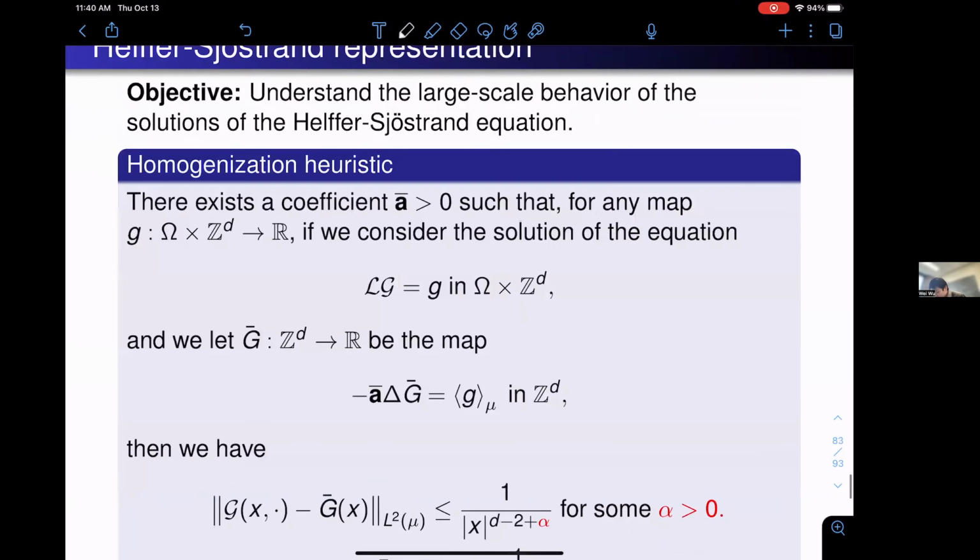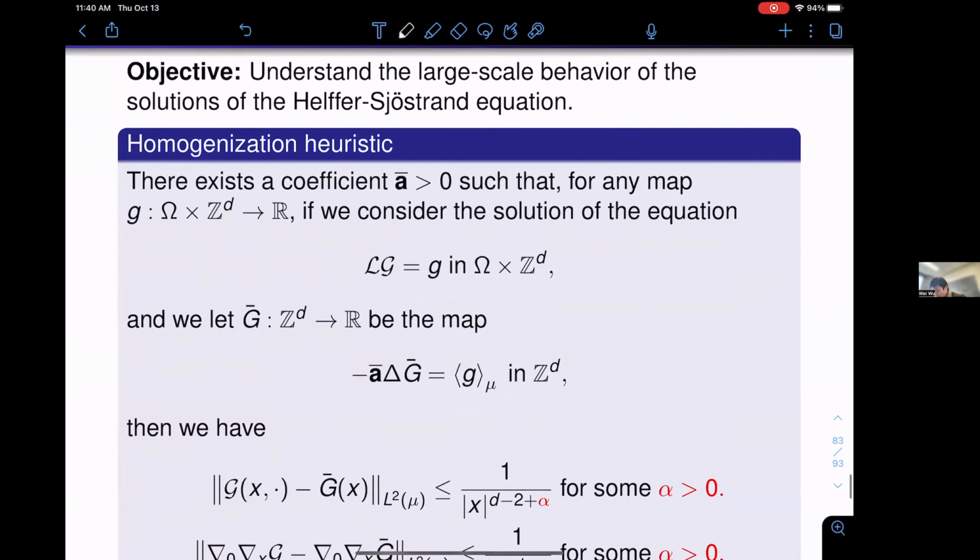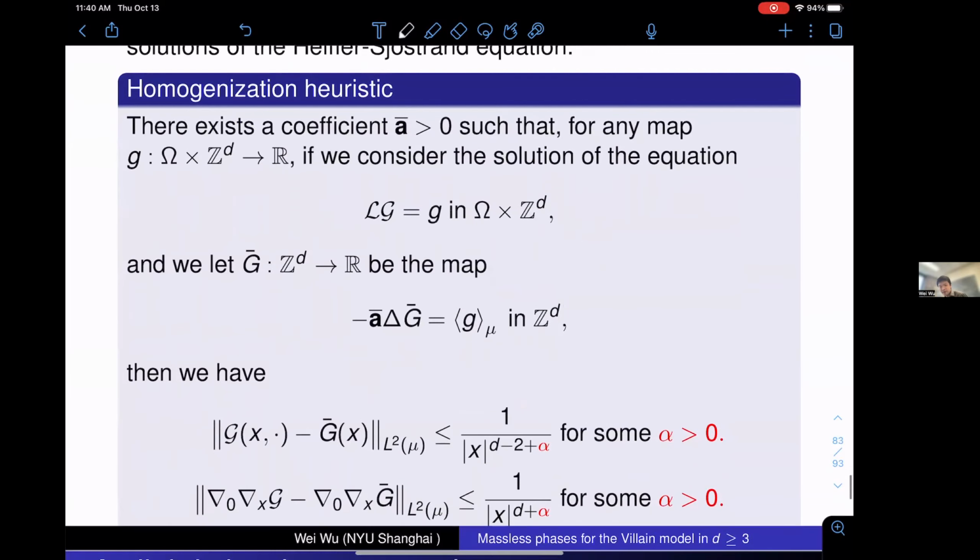So here is where the homogenization came in, because the Green's function was solving an infinite dimensional elliptic problem with this operator L, and we see L is very much depending on your random fields, right? All the coefficients there depend on the random fields.